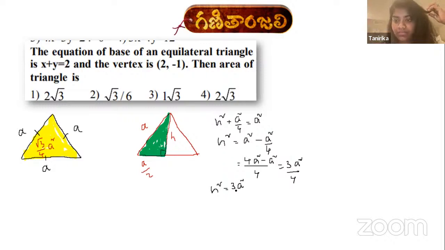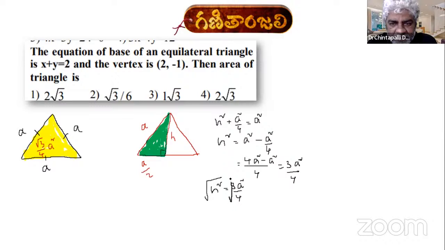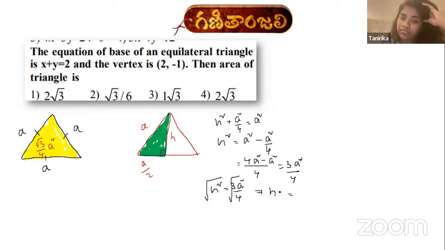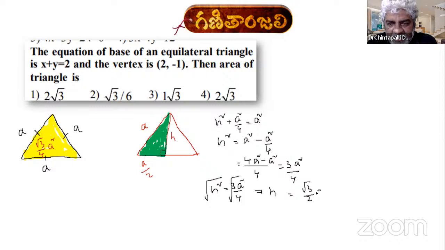Taking square root on both sides. Root h square is equal to h only. Root of 3a square by 4 is √3 by 2 a. It is a relation between height and side.